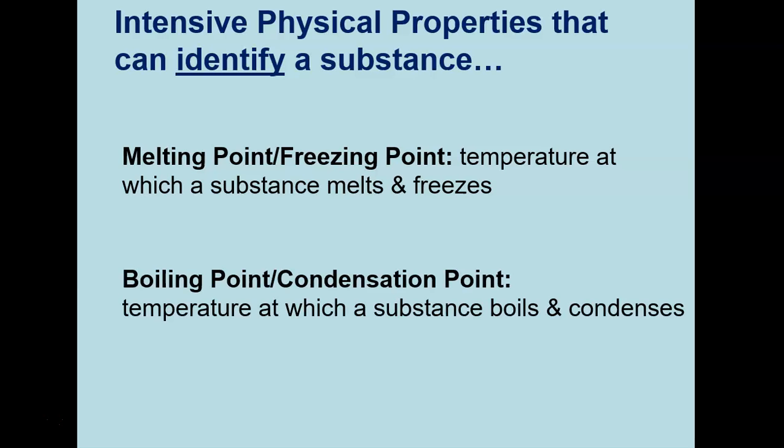And then the other important one regarding phase changes would be the boiling point or the condensation point. And that is a temperature at which a substance boils and condenses. So of course, if something melts, we are going to go from a solid to a liquid. If it freezes, of course, it's the opposite, liquid to a solid.